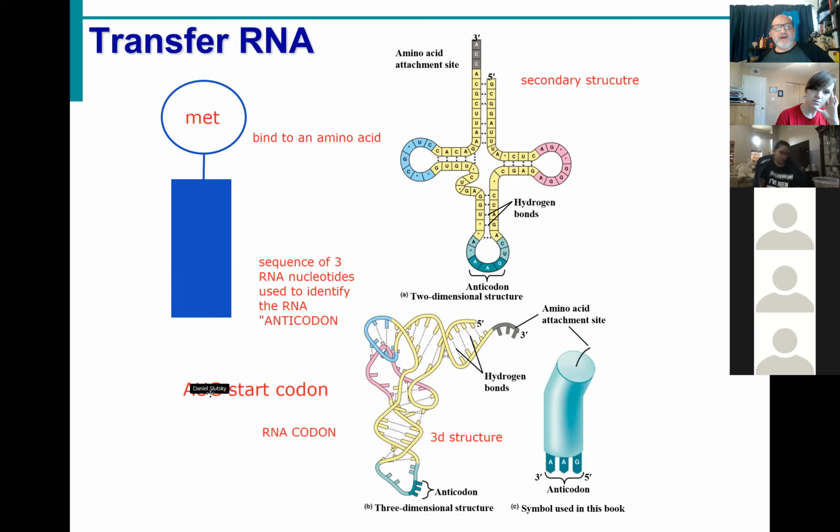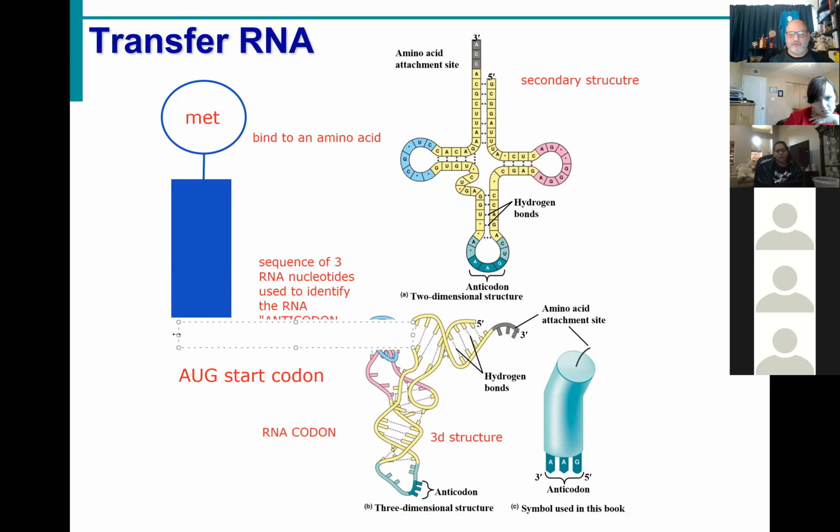However, to know which one to bring, we have to have the correct anticodon. So using our complementary base pair rules, what must these 3 nucleotides at the bottom be so they will match our start codon? Well, what's complementary to A? UAC.